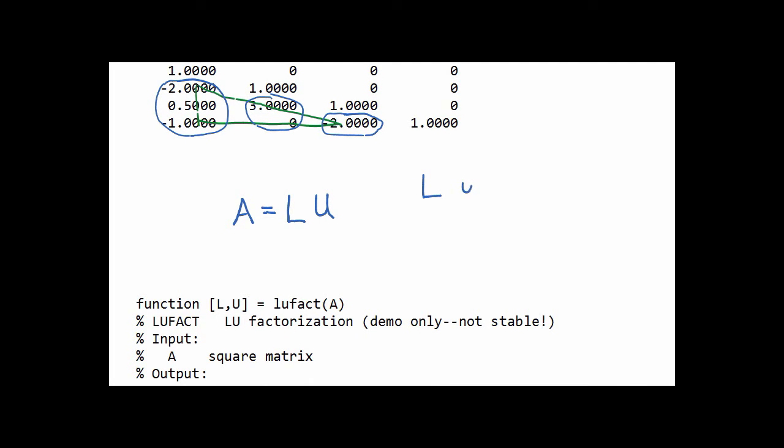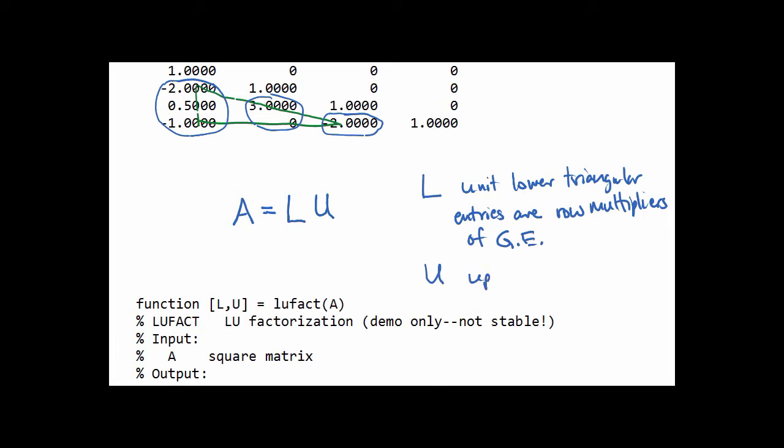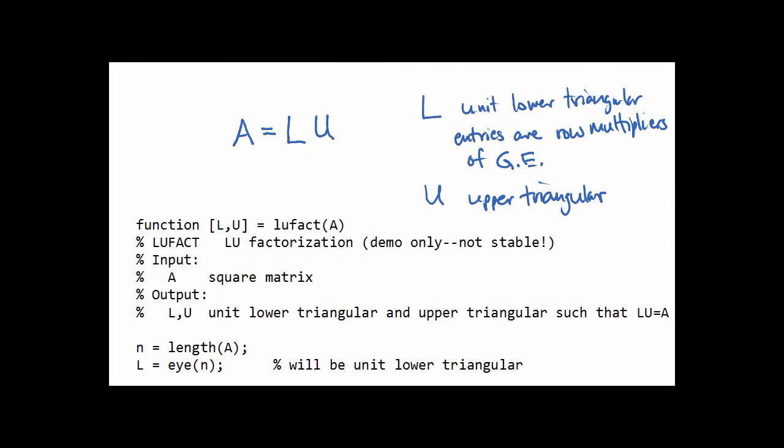L is a unit lower triangular matrix. Its entries are the row multipliers of Gaussian elimination. U is upper triangular. Its entries are the result of doing all the eliminations.